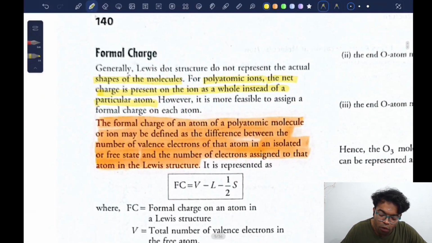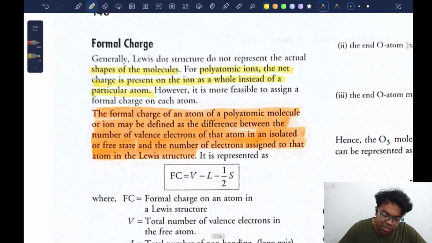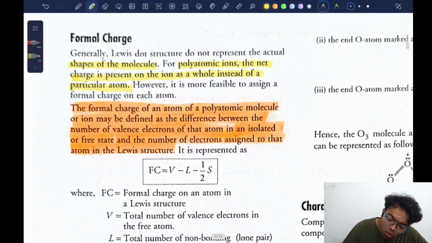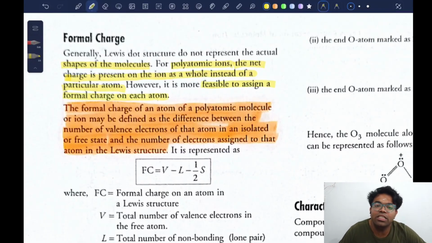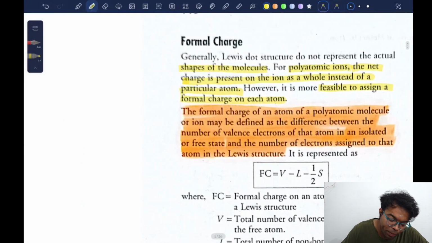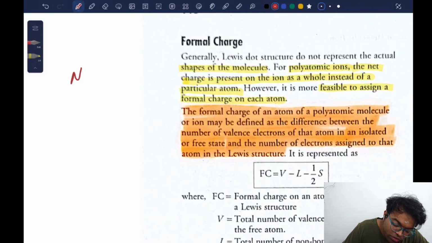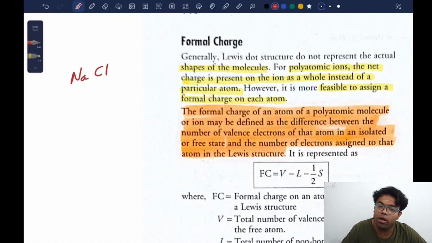Now, for polyatomic ions, the net charge is present on the ion as a whole instead of a particular atom. However, it is more feasible to assign a formal charge on each atom. What does that mean? For example, Drupad, let us look at sodium chloride. I know it's an ionic bond, but just humor me.